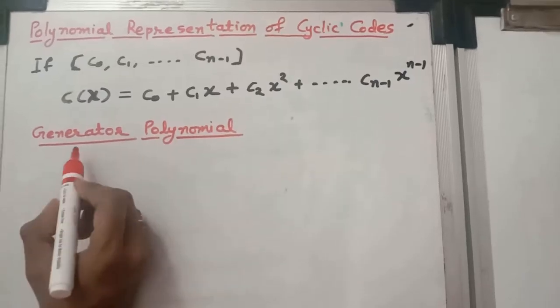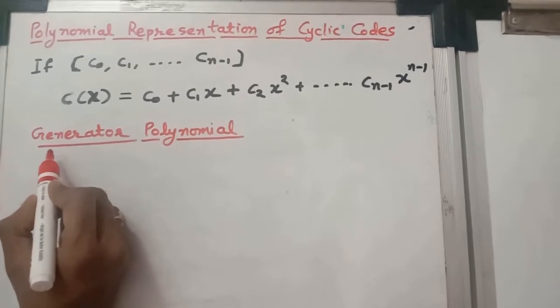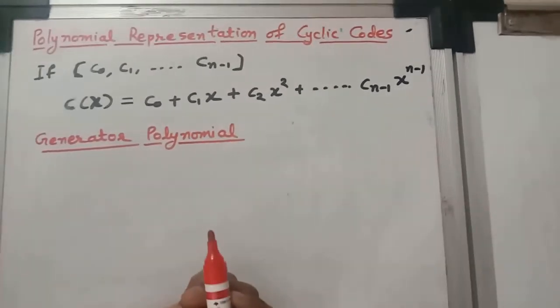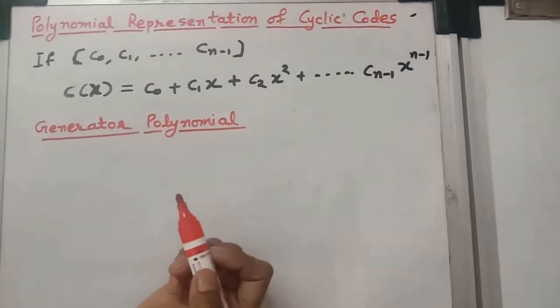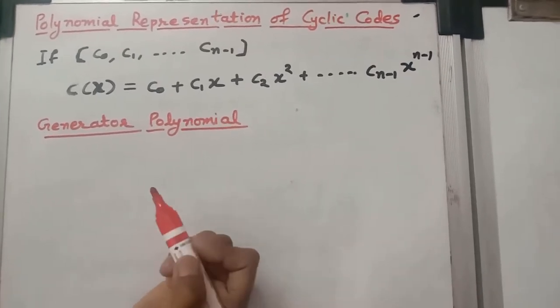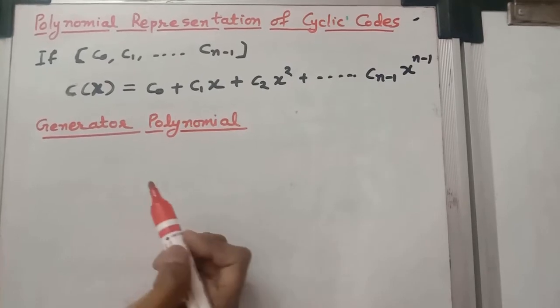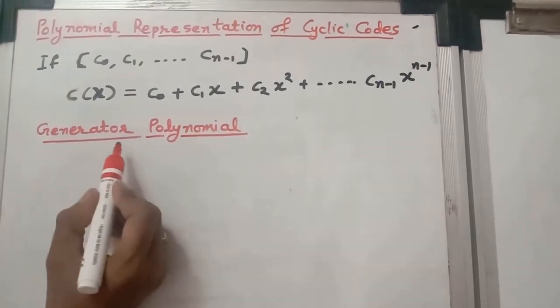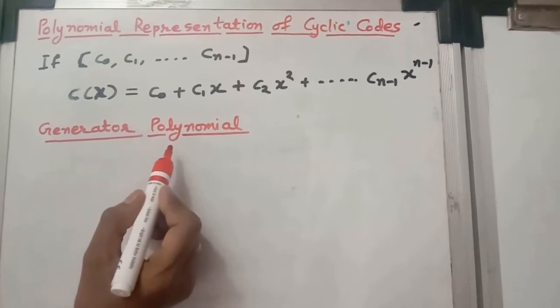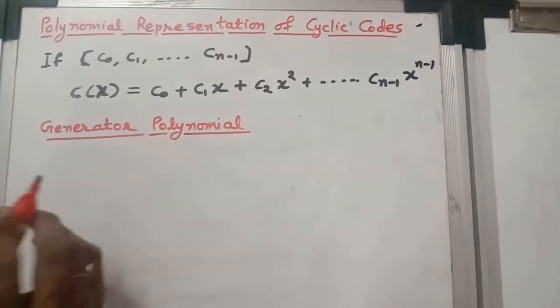The next term in cyclic encoding is the generator polynomial. We know that in LBC we used a generator matrix to form the code word matrix. Similarly, here in cyclic code we have to use the generator polynomial equation to generate the cyclic code.